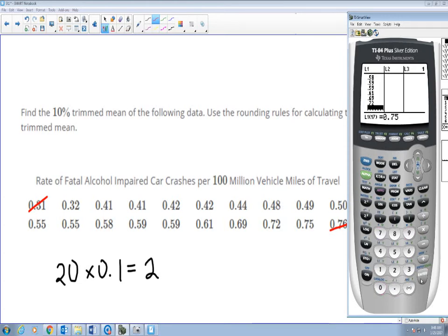Alright, once I've typed in all my numbers, press stat, highlight the word calc, choose number 1. Alright, so my frequency is still 1 at a time. My X list was under L1, so I'm just typing L1 and pressing enter.